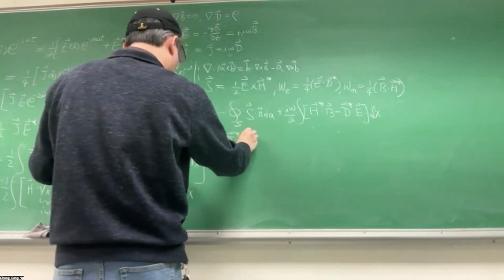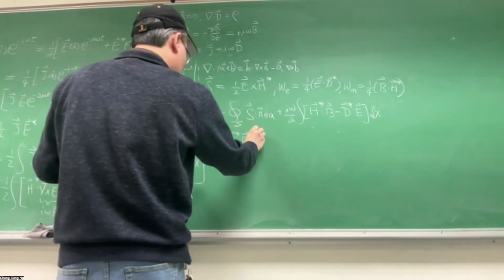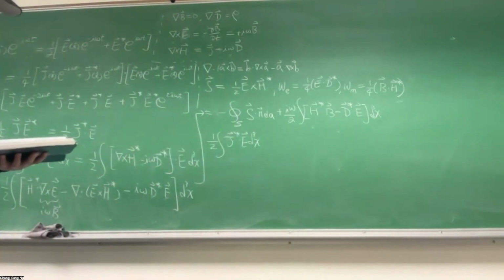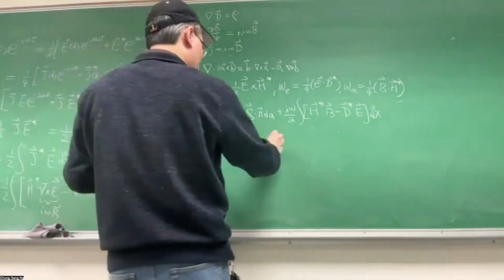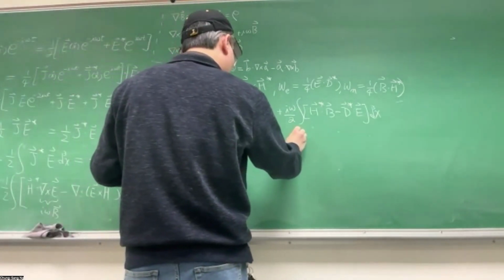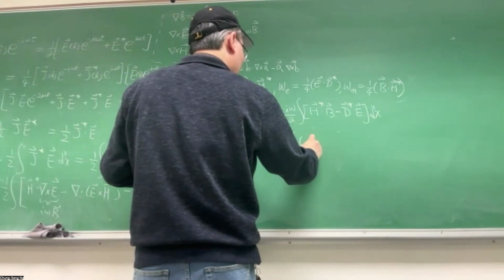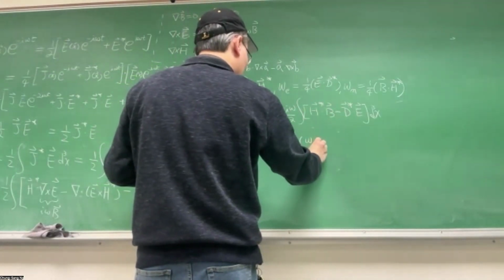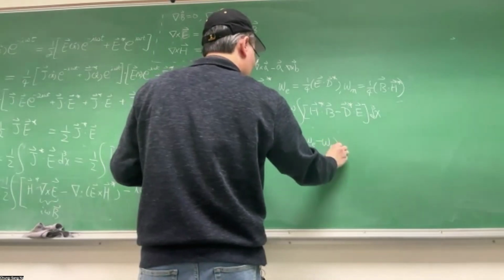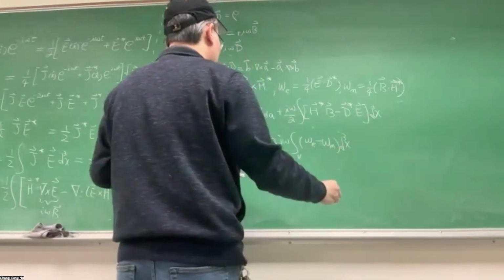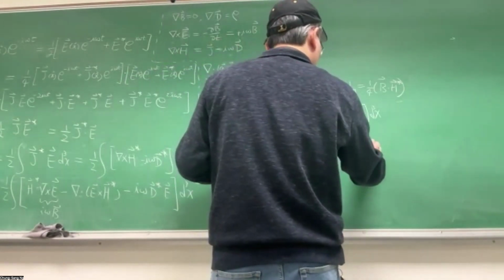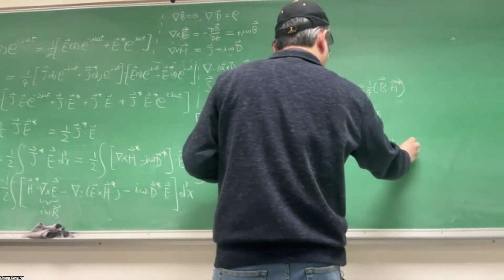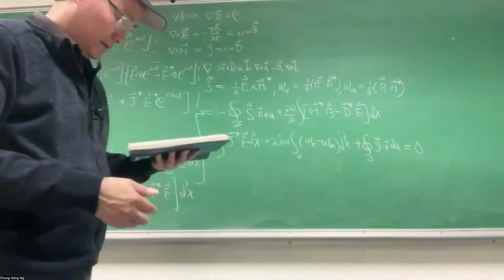J dot E, this is what we call the mechanical energy, or the work done on the particles. And then when you move this to the other side, this becomes plus. So it's WE minus WM. And then this becomes plus the surface integral of S dot N, everything equal to zero.